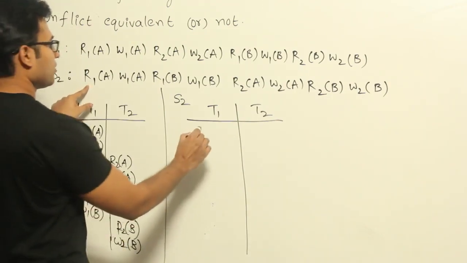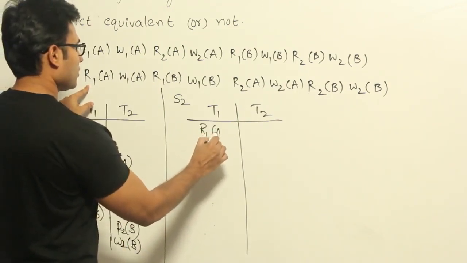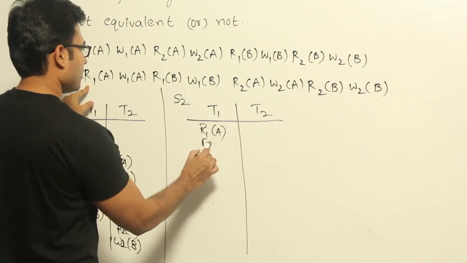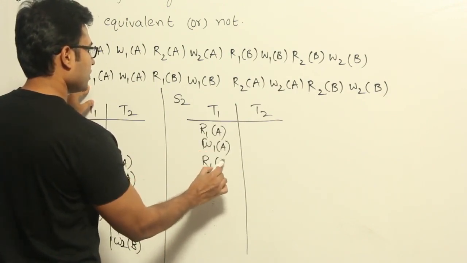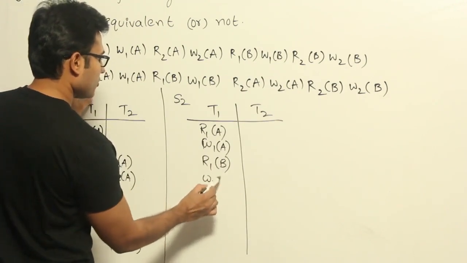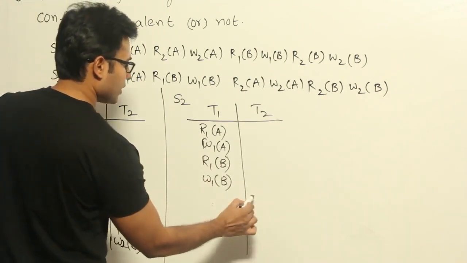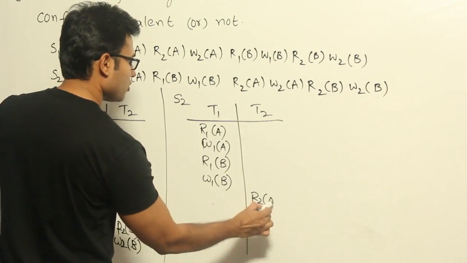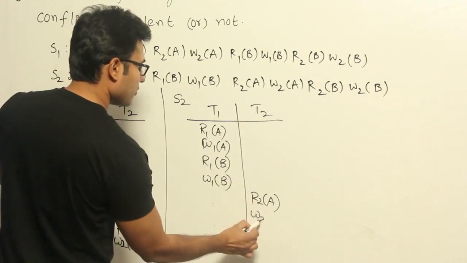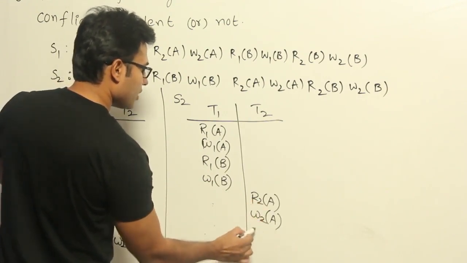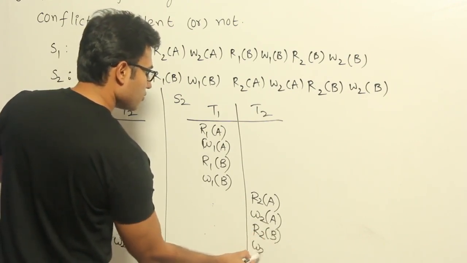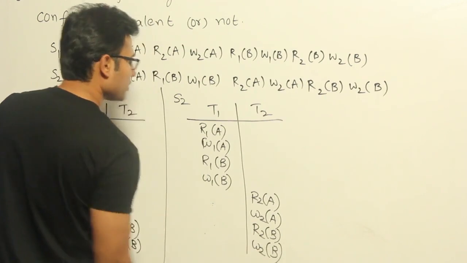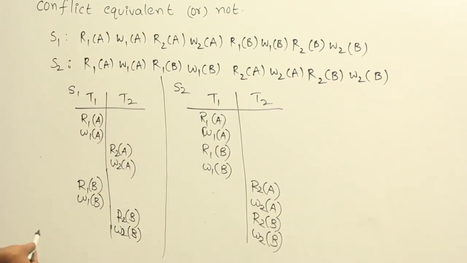Okay, now here you get R1 of A and then W1 of A, R1 of B and then W1 of B, and here you are going to have R2 of A, W2 of A and R2 of B and W2 of B, right?